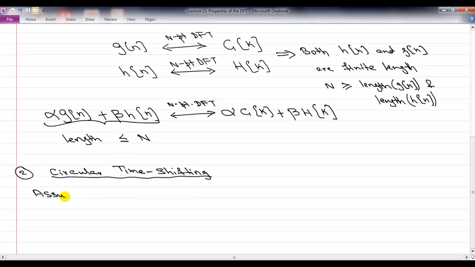So assume we are talking about a sequence which is finite length. So we have Gn of length less than or equal to n, and we have its DTFT, G of e to the j omega.